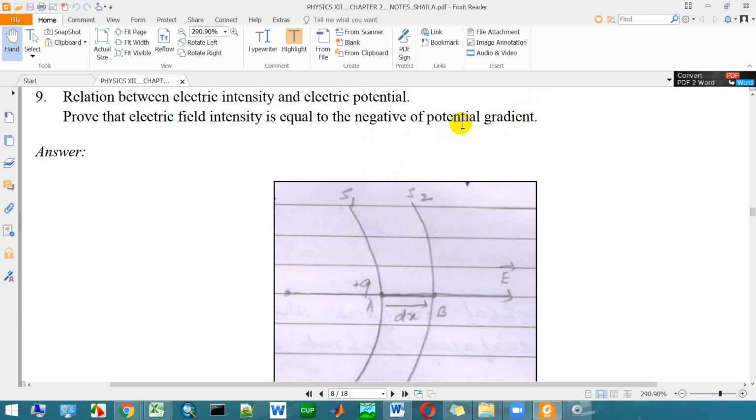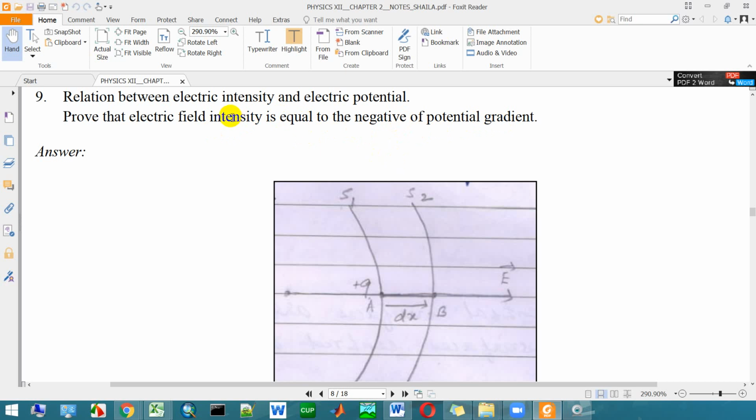In 11th we learned about temperature gradient. Like that, wherever you get the word gradient, it is a fall. Here it is the fall of potential with distance. So here E is minus dV by dr.